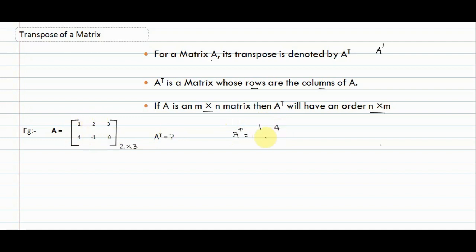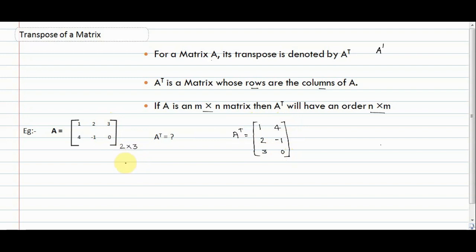So therefore row 2 will have elements 2 and minus 1. Now row 3 of A transpose will be equal to column 3 of matrix A. So here the elements are 3 and 0. So in the third row of A transpose we will have elements 3 and 0. So this is A transpose corresponding to matrix A, that is the transpose of matrix A.